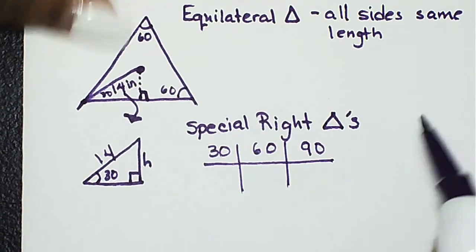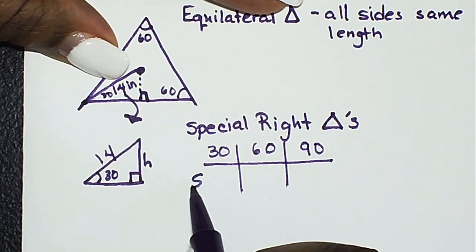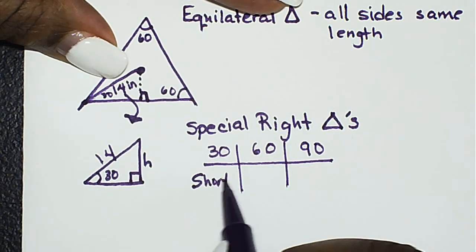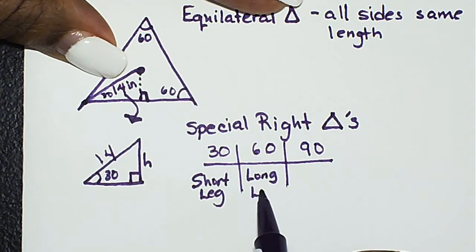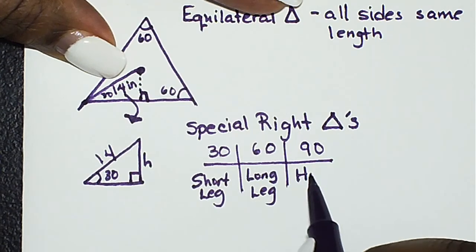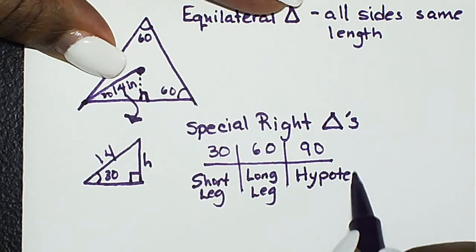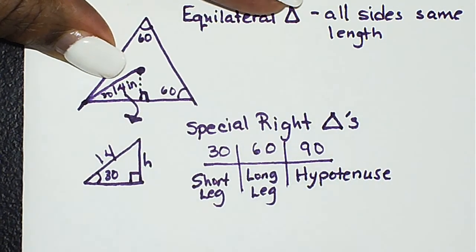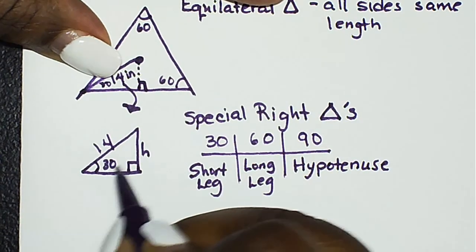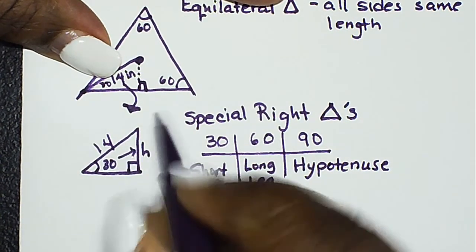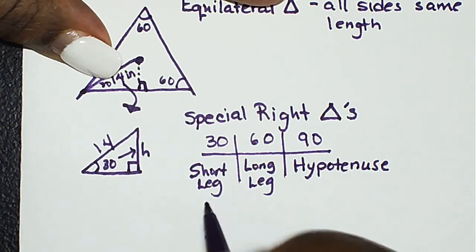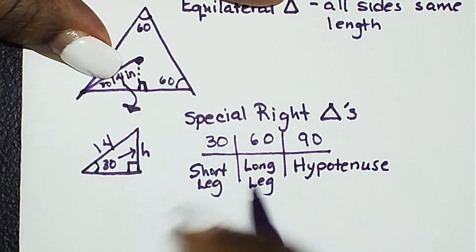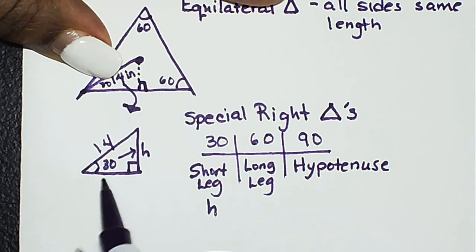What we know about a 30, 60, 90 is we have a short leg, we have a long leg, and we have the hypotenuse. The short leg is always opposite the 30. So in this case, if 30 degrees is here, that means that's my short leg. So we're going to say that that is H because that's what it looks like.